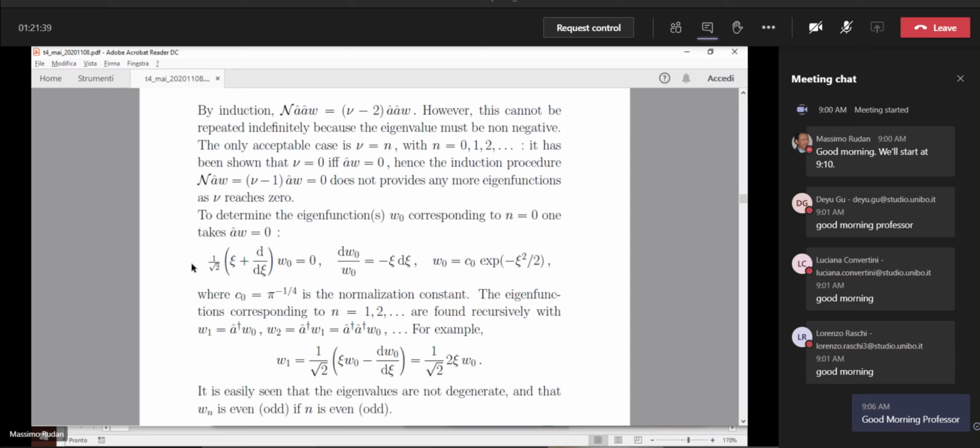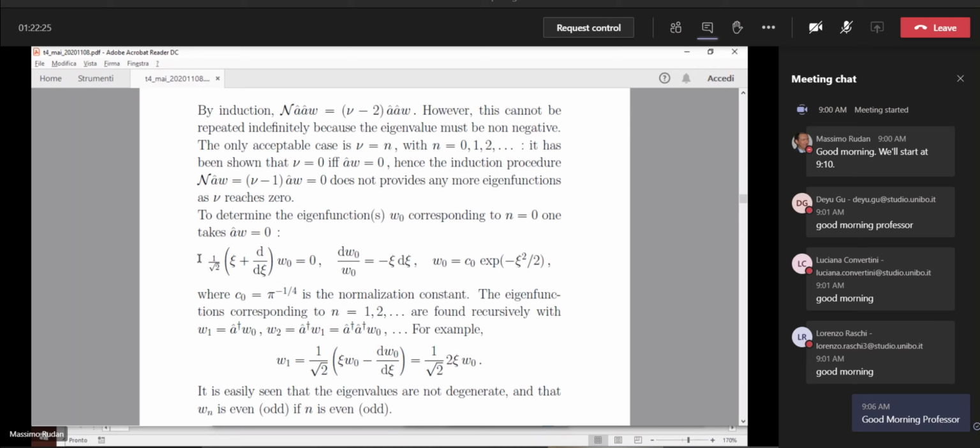When we apply this on W0 and equate it to 0, we have a first order differential equation that is easily solved. So essentially, the factorization has worked because we have found a first order equation whose solution is the eigenfunction W corresponding to n equal to 0. So at least we have found one eigenfunction.